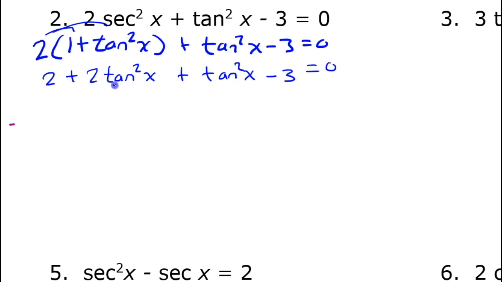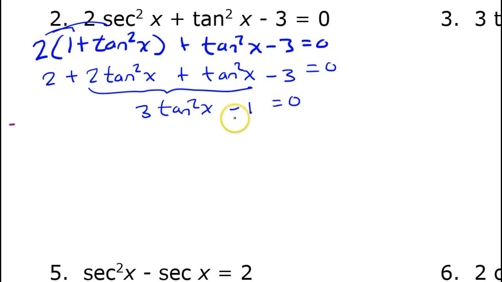So 2 tangent squared x plus 1 tangent squared x, if I put these together, that's going to be 3 tangent squared x. And then I have 2 and negative 3 together, that is negative 1. So adding 1 and dividing by 3, I'm going to get tangent squared x is equal to 1/3.